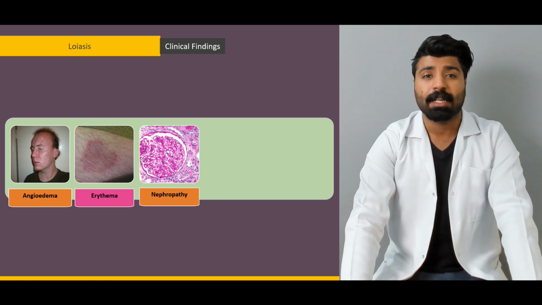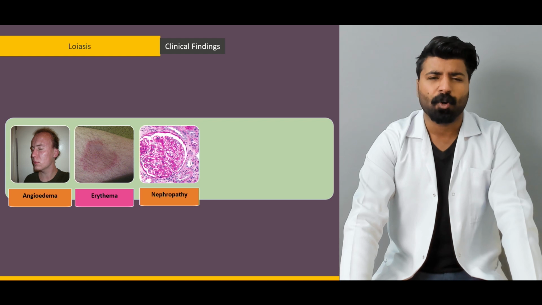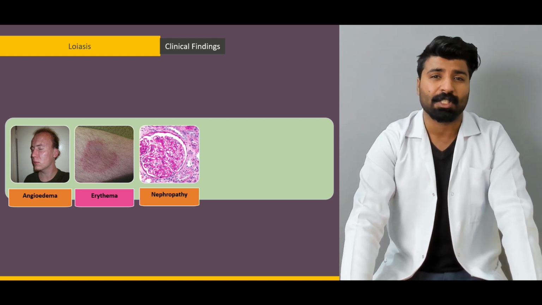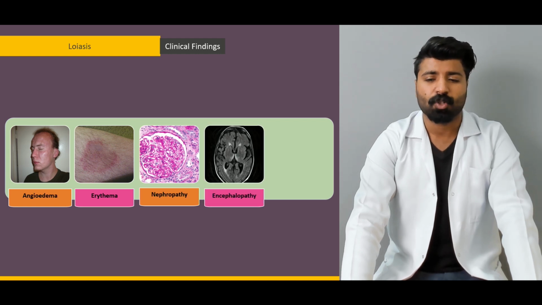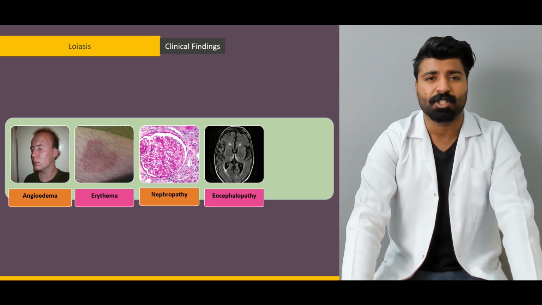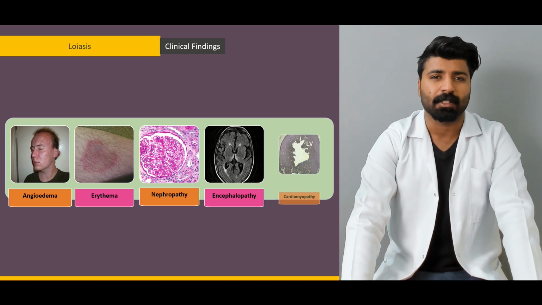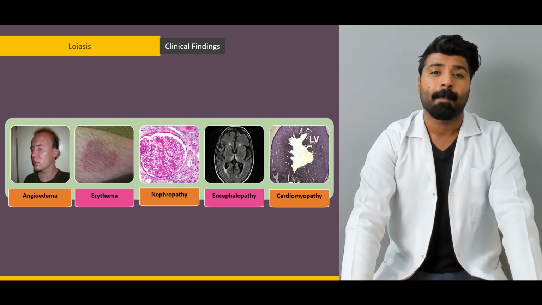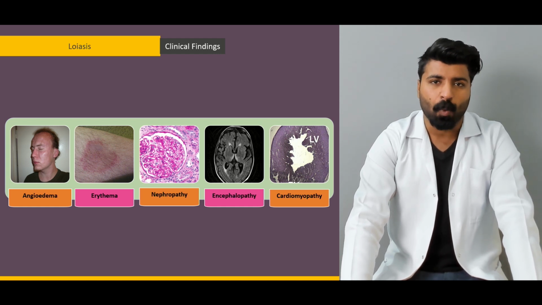Your kidneys are going to get affected because of this pathogen. It's not because of any blood pathology or symptom, but due to the consequences of this parasite that you'll have this nephropathy. Next one, you'll have encephalopathy, because it can go up to your brain and cause this pathology. Next, you can have cardiomyopathy, because it can go to the pericardial cavity and cause many pathological consequences.